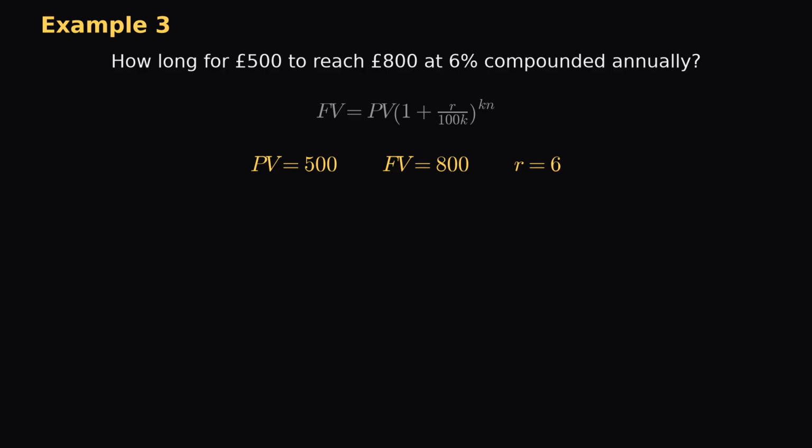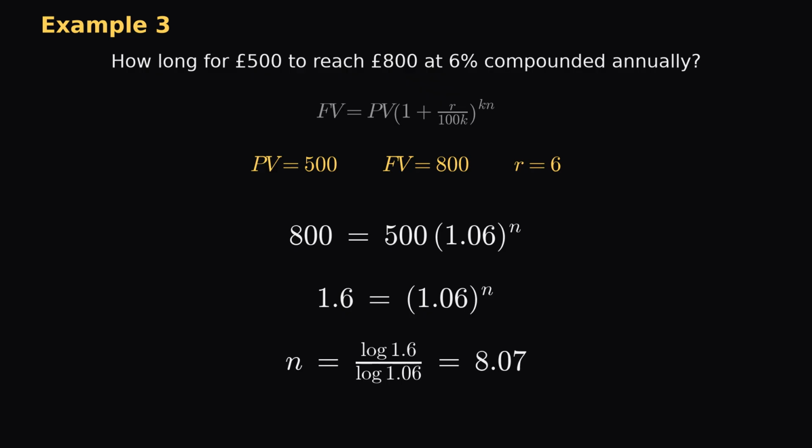Example 3. Solving for time. How long does £500 take to reach 800 at 6% compounded annually? 800 equals 500 times 1.06 to the n. Divide both sides by 500. 1.6 equals 1.06 to the n.